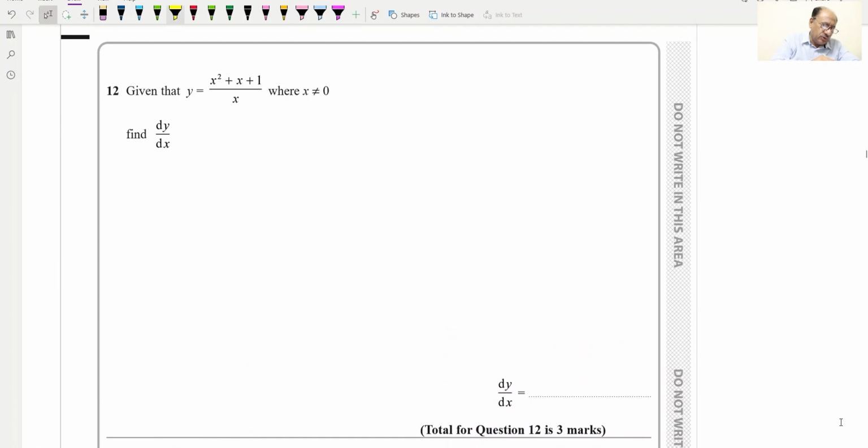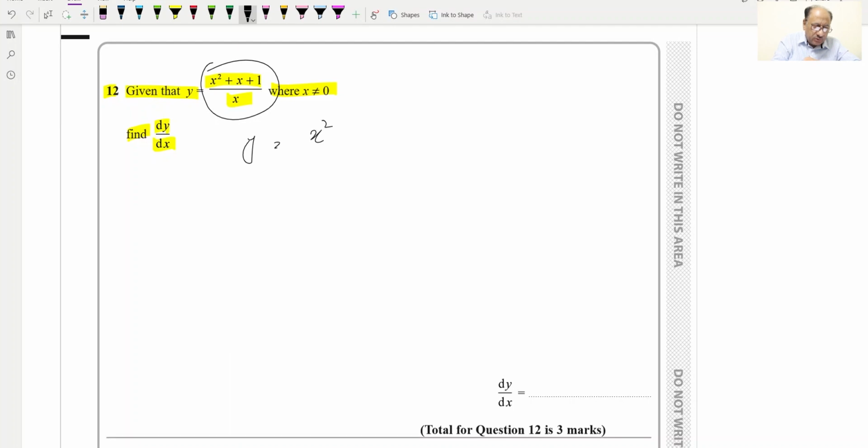Now question number 12. y is equal to this expression where x is not equal to 0, find dy by dx. So the derivative we need to find. For the derivative, first of all we will reshape this given equation, and we will write the denominator for each and every term.